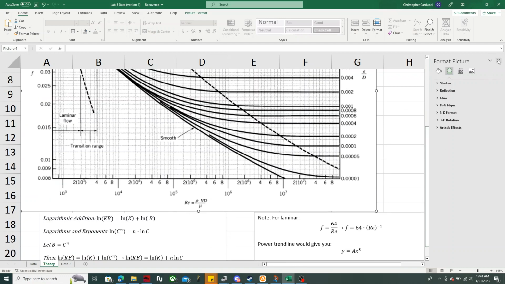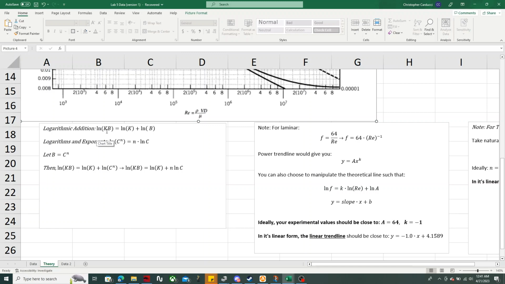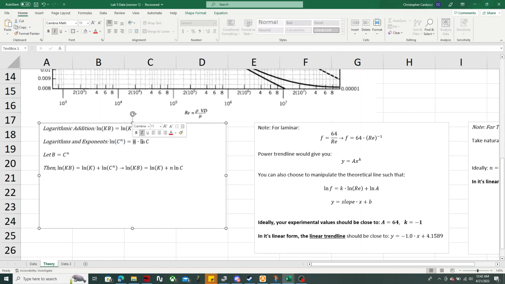Anytime something is written as a natural log and it is a product of something, you take the natural log of this product, you can split it apart into an addition of natural logs. So here it's natural log of k plus the natural log of b. For logarithms of exponents, here we have the natural log of c to the power of n. The n just gets taken out in front of the natural log of c.